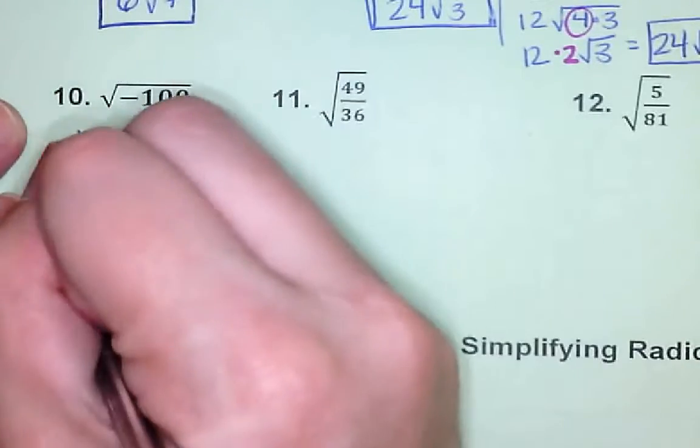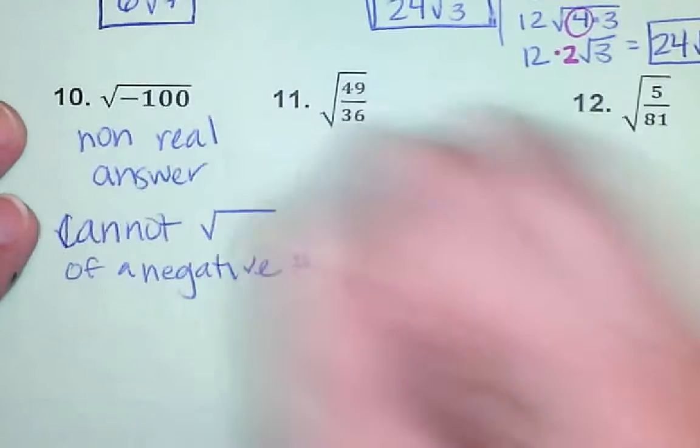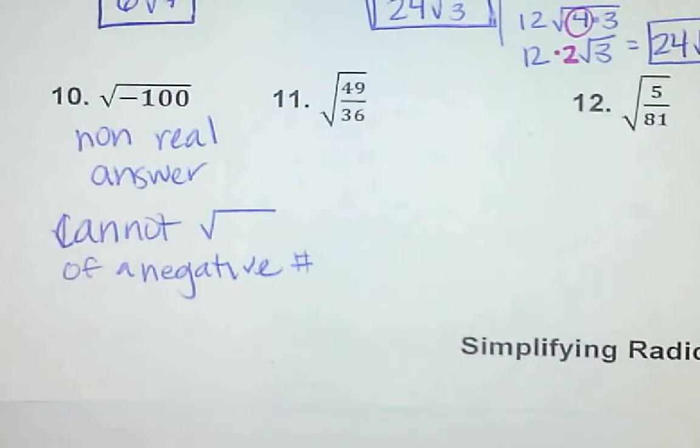It will give you imaginary numbers, okay? So actually, the correct answer to this is 10i, all right? But we are not going to do imaginary numbers in Algebra 1. So there is an answer. It's just not a real answer, all right?